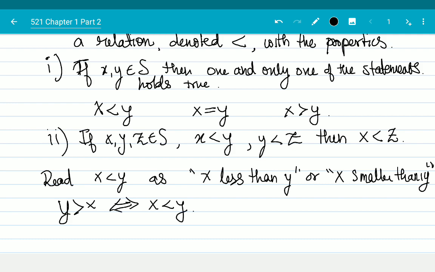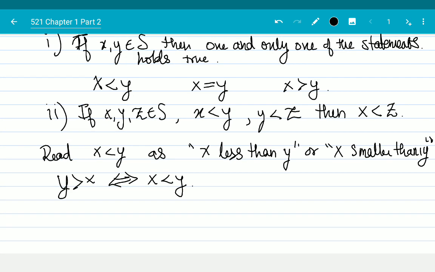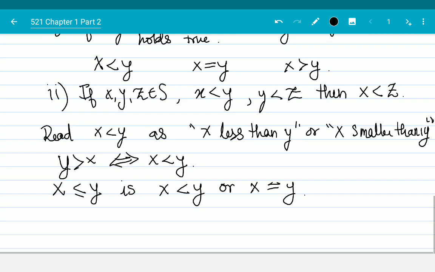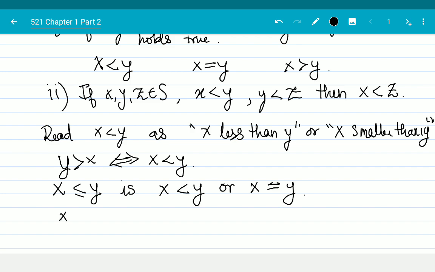You might want to use one or the other. X smaller than or equal to y means x smaller than y, or x equal to y. This is the negation of x greater than y.